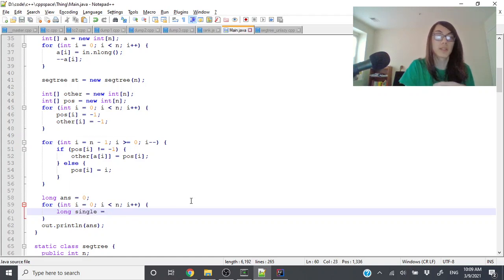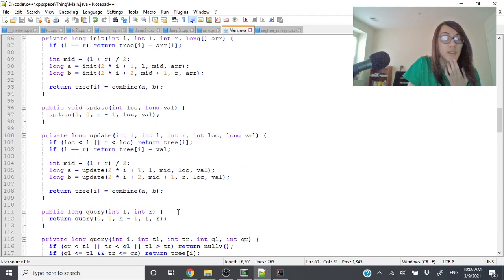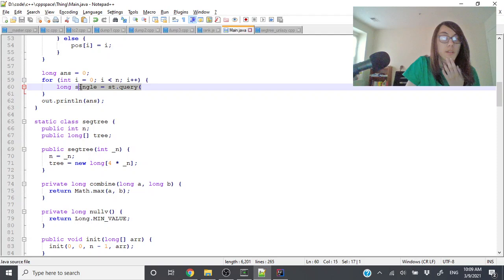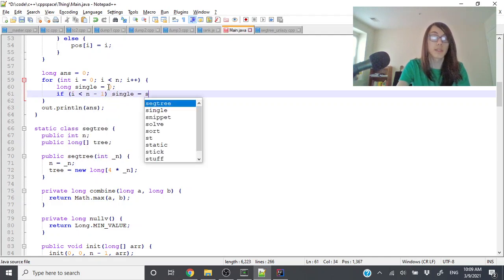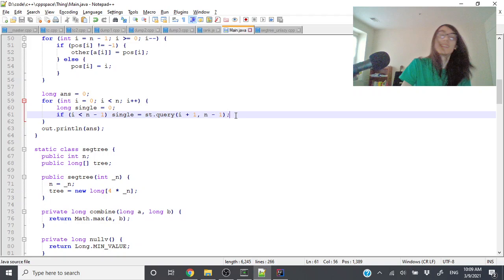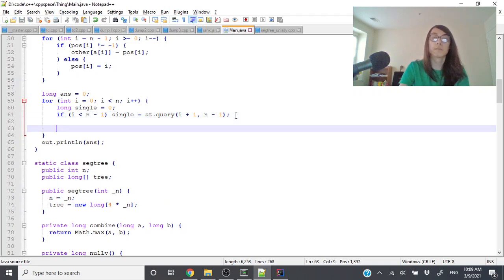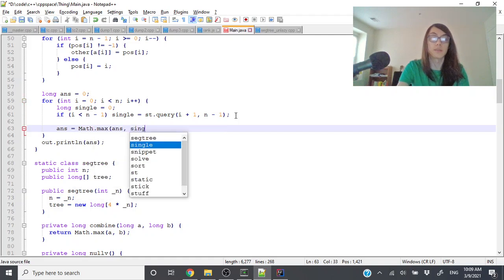So this would be st.query. How does this work? I just have it be indices. Yeah. So single equals 0. If i is less than n minus 1, single equals st.query i plus 1 to n minus 1. Combine. We already do maximum. That's actually perfect. ans equals Math.max ans, single plus 1.